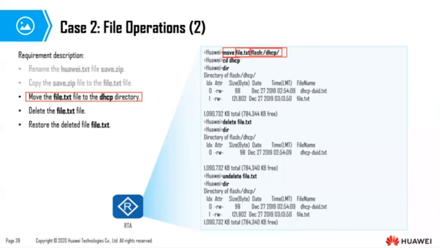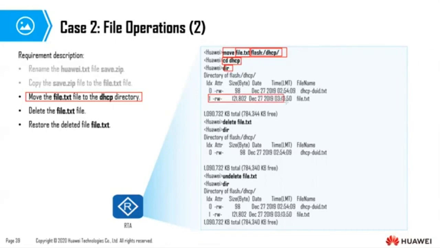So cd is a command that is used to change the directory or to move from one directory to another. So here we are moving from the flash directory to DHCP, which is in the flash drive. So cd DHCP. Then once we are there, we can type dir to confirm whether this file was moved there.